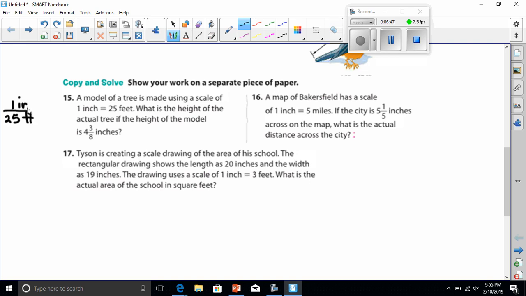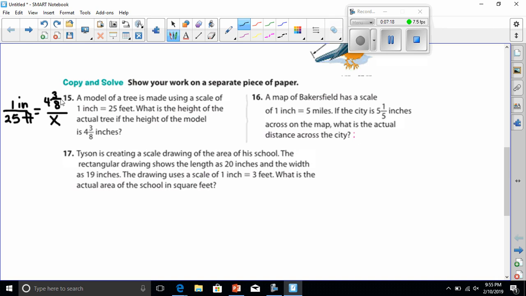All right, and what is the length of the actual tree at the height of the model? Remember, the model is in inches, 4 3/8 inches. So it's going to equal 4 3/8. We're trying to say what is the height of the actual tree. Well, that means that's going to be x down here.